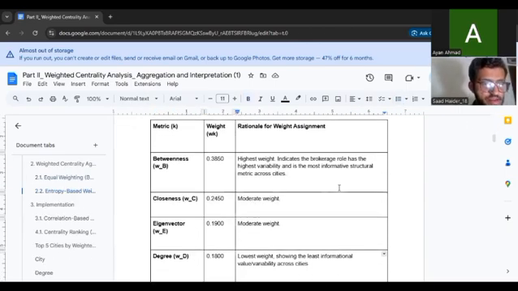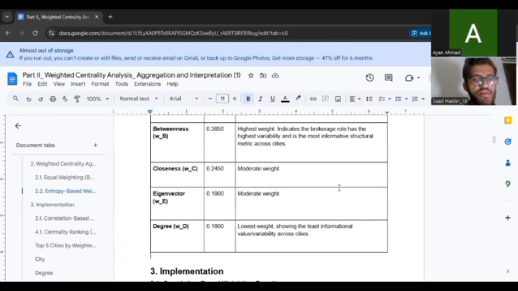Another one was the advanced method, entropy-based weighting. Our main finding uses the entropy-based weighting in section 2.2. The logic is simple. If a score is almost the same for every city, it's not useful and gets a low weight.